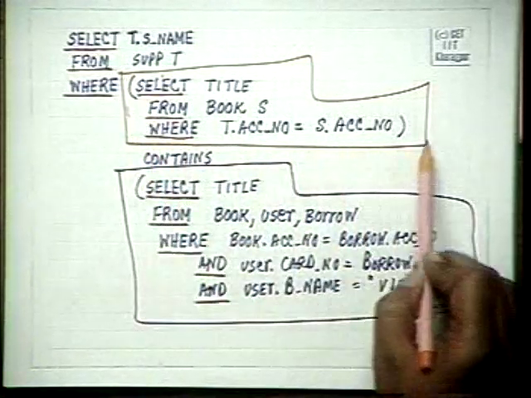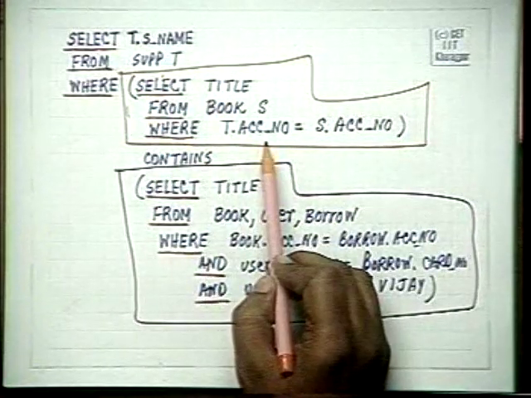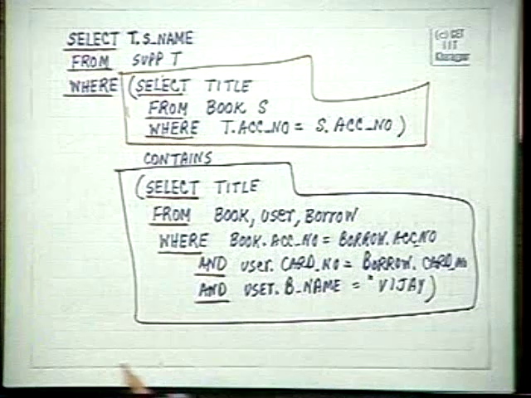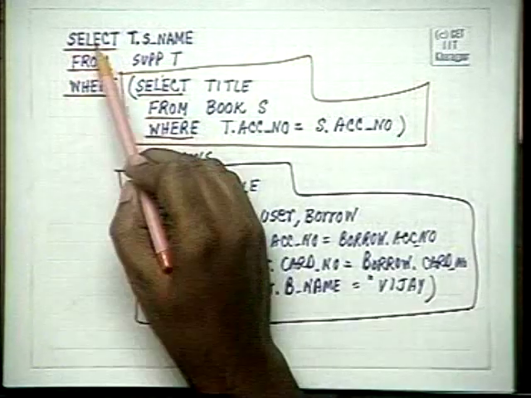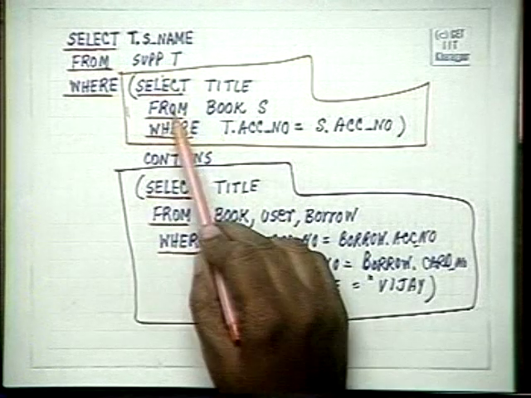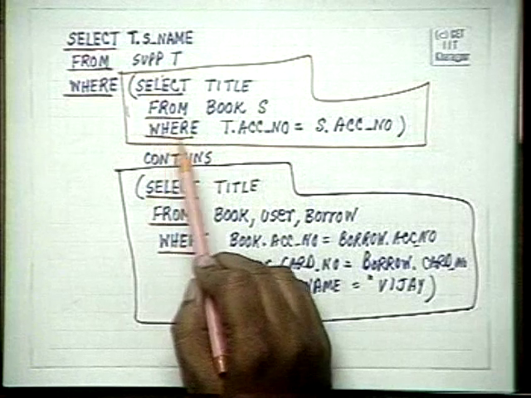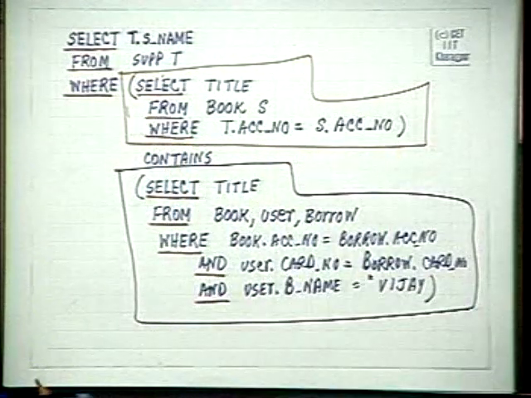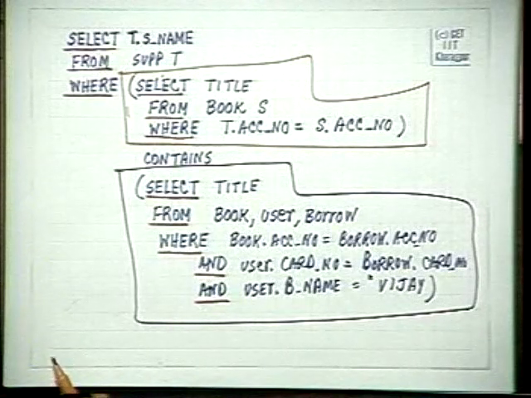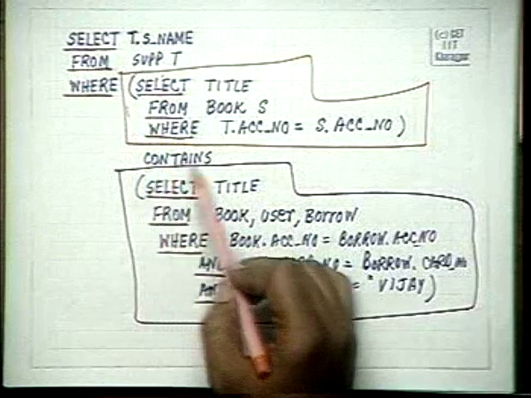If Narosa is there in my answer, because I have said select T.S name from sub T, where select title from book where T.accession number equal to S.accession number. So this part will give me the set of all books supplied by Narosa.